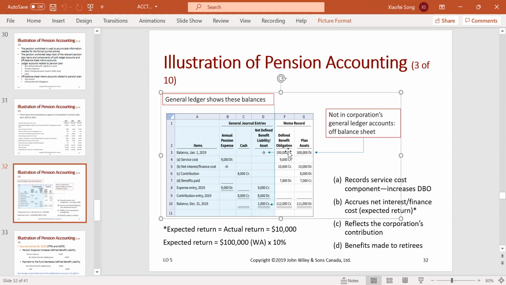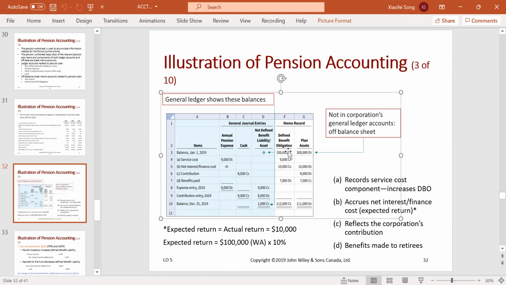It's like retained earnings being affected by revenue and expense. But when we record revenues earned and expenses incurred, we do not use the retained earnings account. We use revenue and expense accounts.